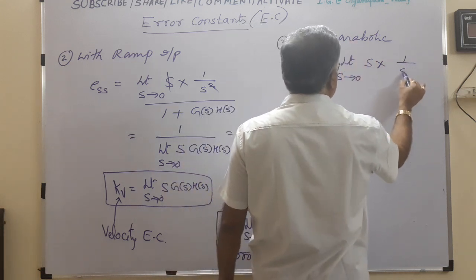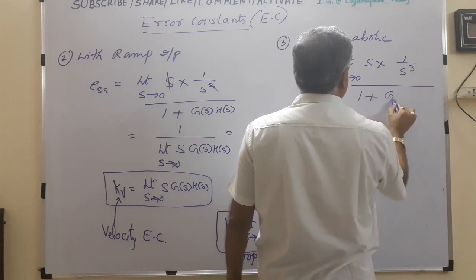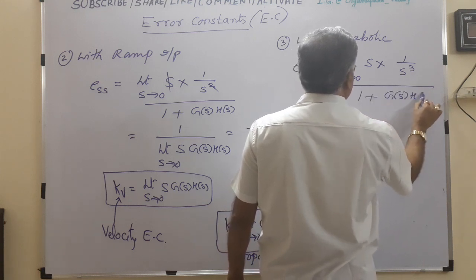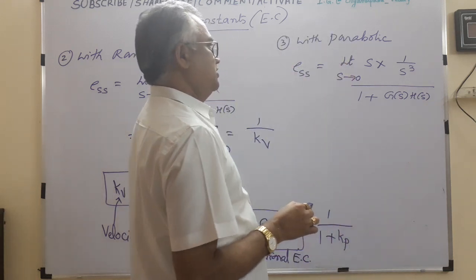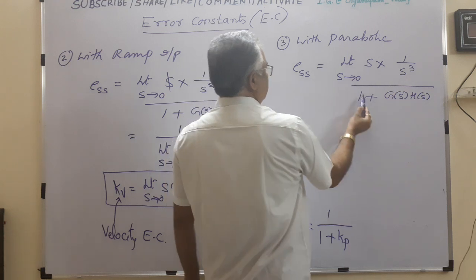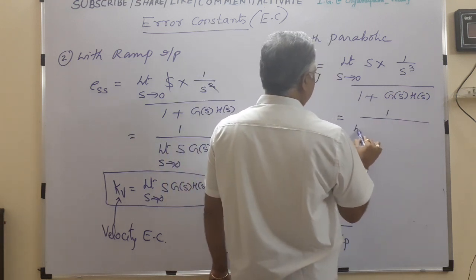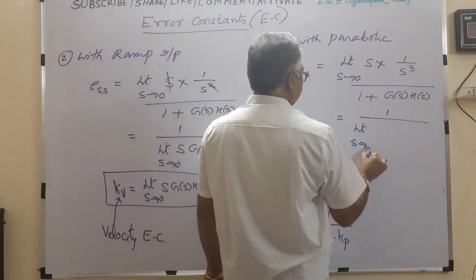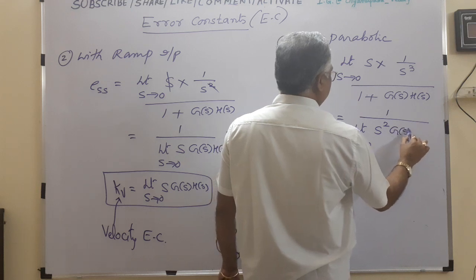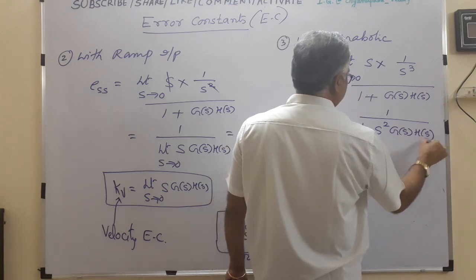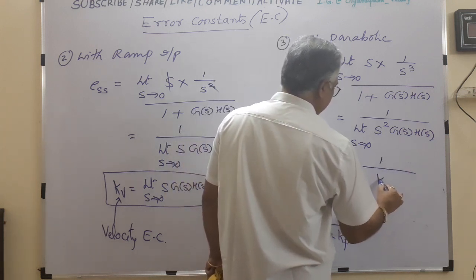Its Laplace is 1 by s cube, by 1 plus g of s h of s. So one s cancels, s square, s tends to 0, this is also 0. It simplifies to limit s tends to 0, s square g of s h of s, is equal to 1 by Ka.